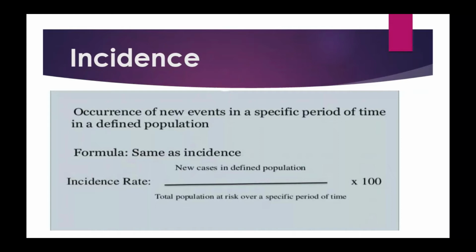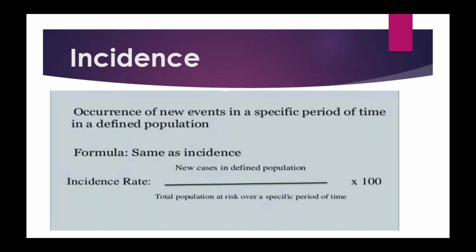As an example, if there had been 100 new cases of an illness in a population of 1000 in a year, what would the incidence rate be?